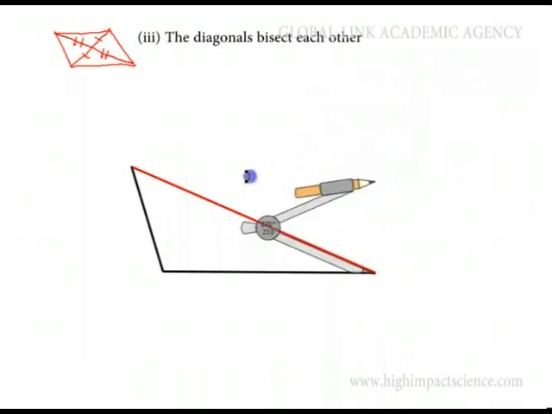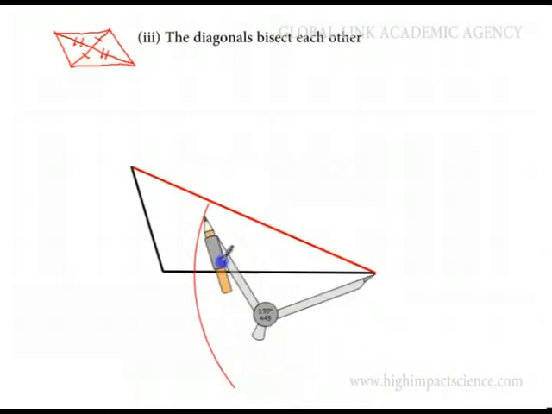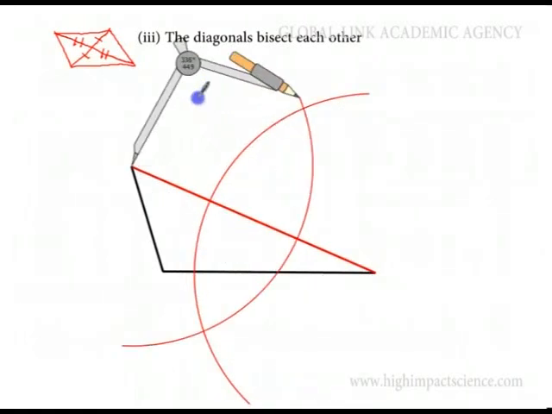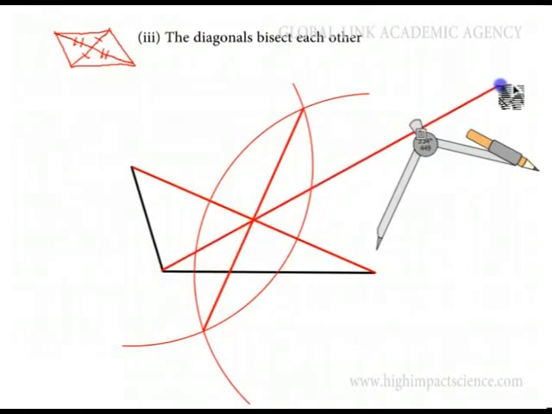I do like I'm constructing a perpendicular bisector. Mark an arc and the other arc. That line will tell me this is the midpoint. So the diagonal starts from here and will go through this midpoint. Now I need to locate the other corner.